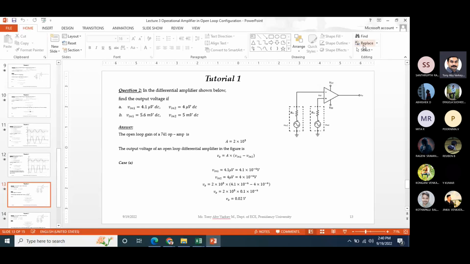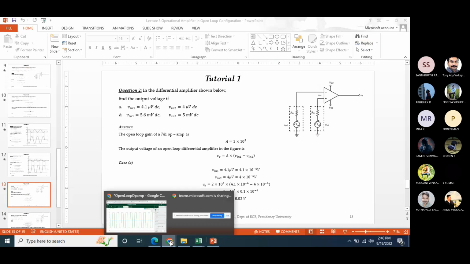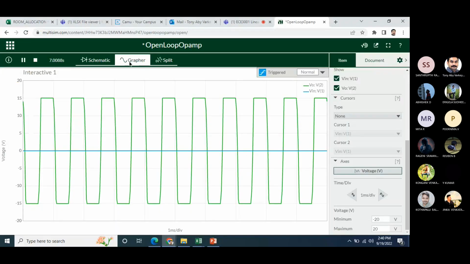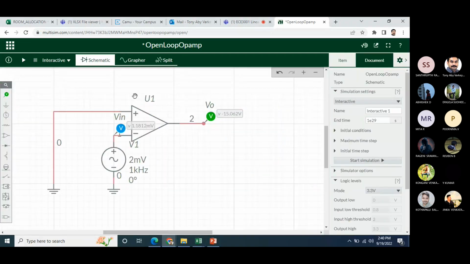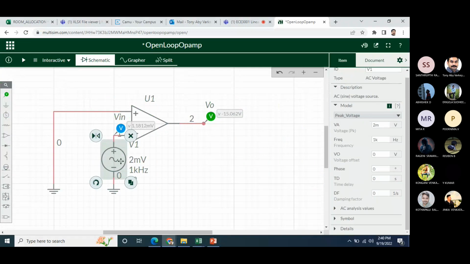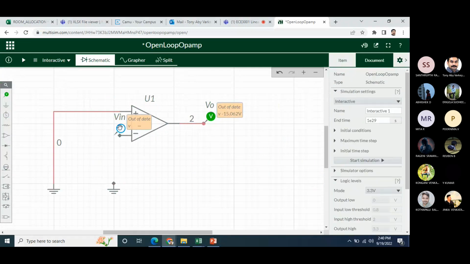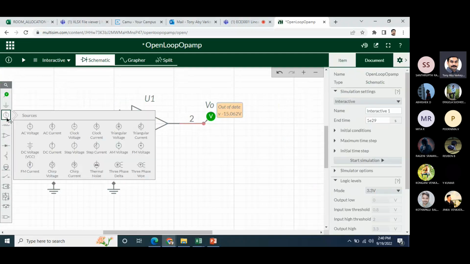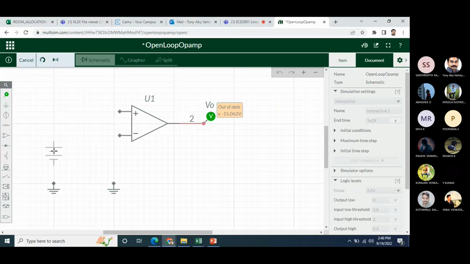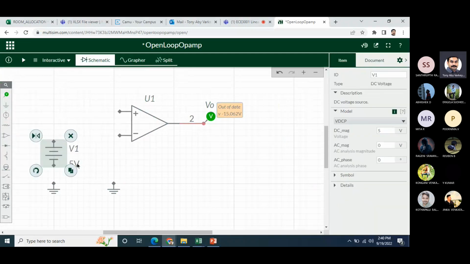So if I connect here, you will be able to see. Two voltage sources I will be connecting. To the non-inverting terminal, I will be connecting 4.1 microvolts.